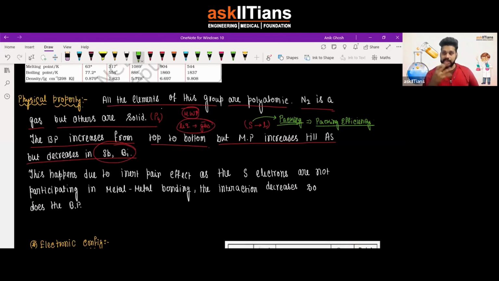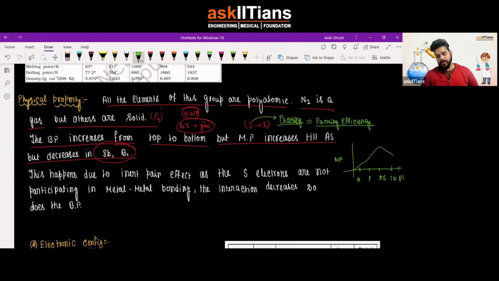It can be the symmetrical arrangement. It can be so many things really here. Now, what are they saying? Melting point is increasing till arsenic. Melting point should increase all the way till bismuth actually. But let's say this is our nitrogen, this is our phosphorus, this is our arsenic, this is our antimony, this is our bismuth. This is our melting point. So we saw that the melting point is increasing till arsenic.